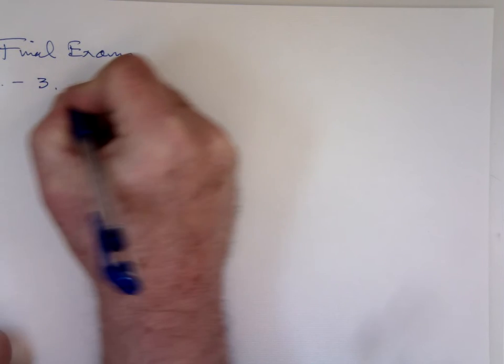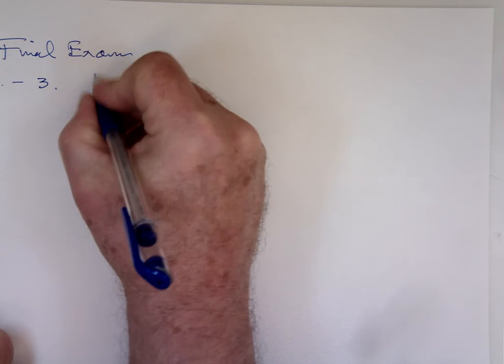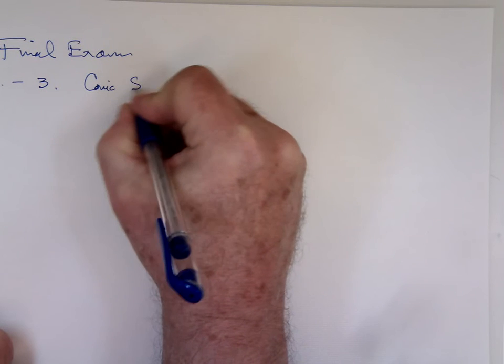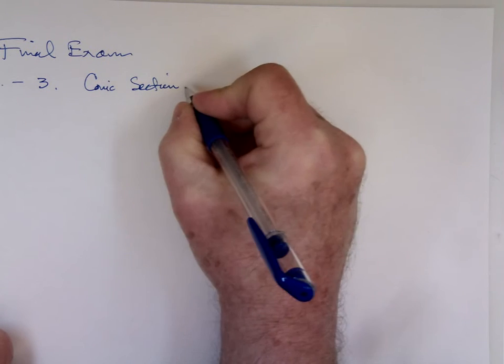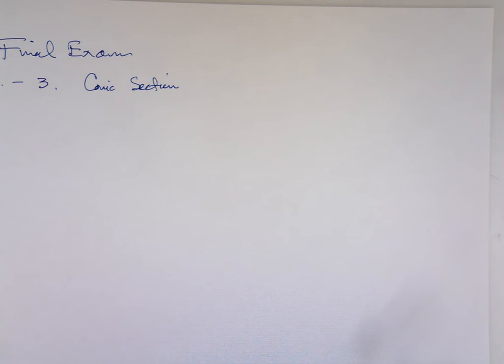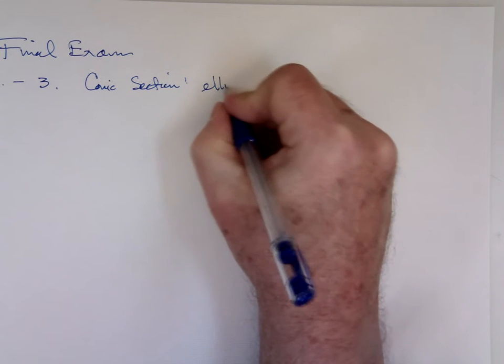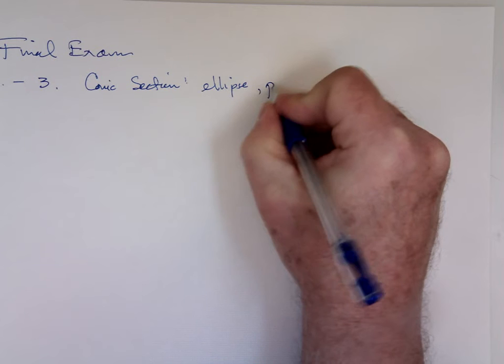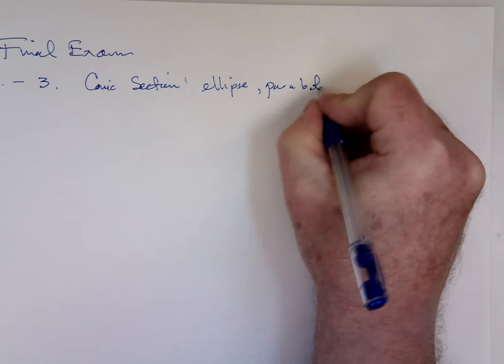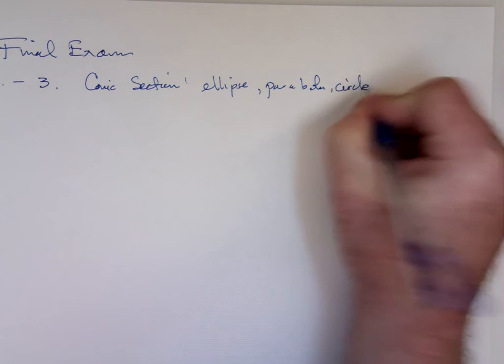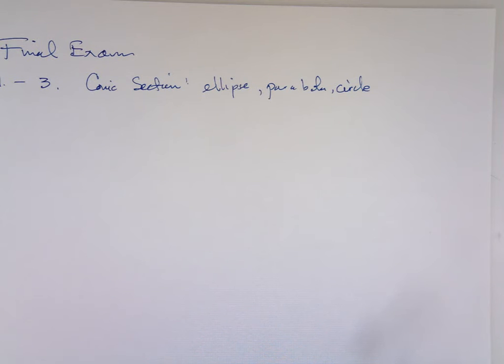You have a conic section: ellipse, parabola, circle. I wouldn't even give you a hyperbola. And basically, the idea is, given this conic section, put it in standard form.